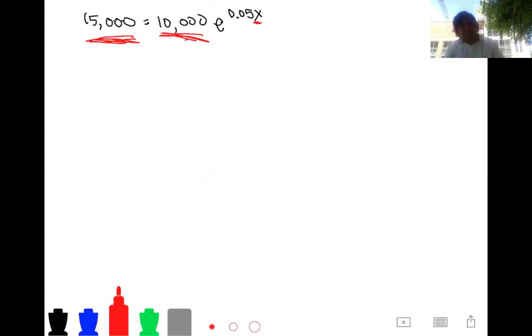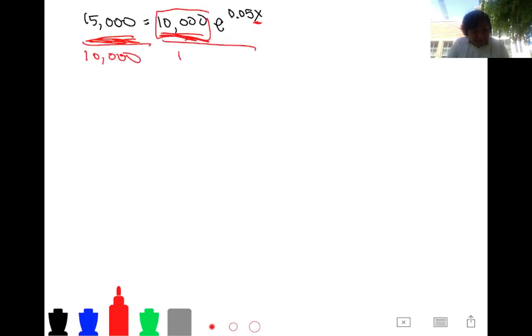When you're solving exponential equations, we have to get rid of the coefficient first, so we have to divide both sides by 10,000. That removes this one. So 15,000 divided by 10,000 is 1.5.